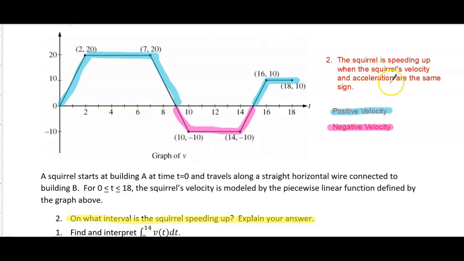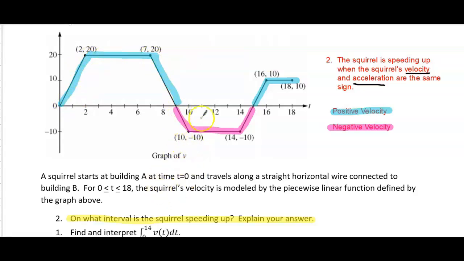Now, hopefully at this time you guys realize that acceleration is the derivative of velocity. In other words, acceleration is going to be the slope of this velocity graph. Derivative is just a fancy word for slope, right? So if acceleration is the derivative of velocity, that means that acceleration is the slope of this graph.